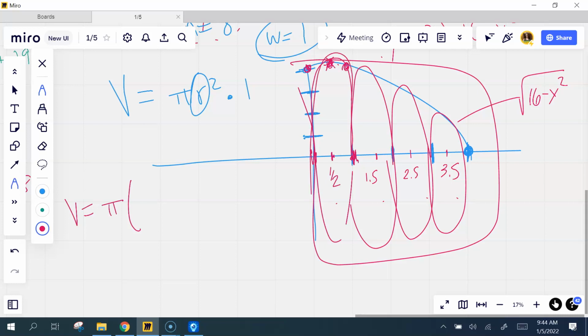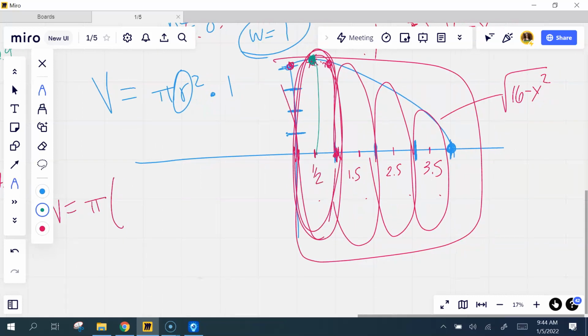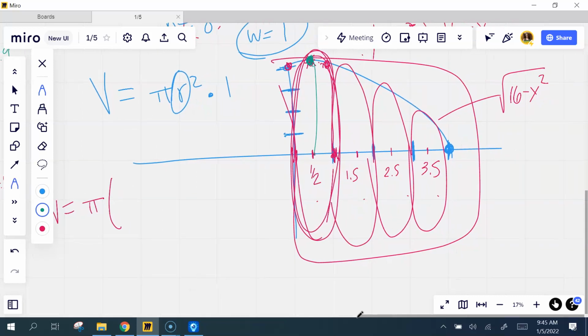So if this is my circle, to find the radius of that circle, I'm going to go from the center and find where it lands on this semicircle. How do I find that? So I plug, yes, that's exactly right. So essentially what I'm doing is the square root of 16 minus 0.5 squared.